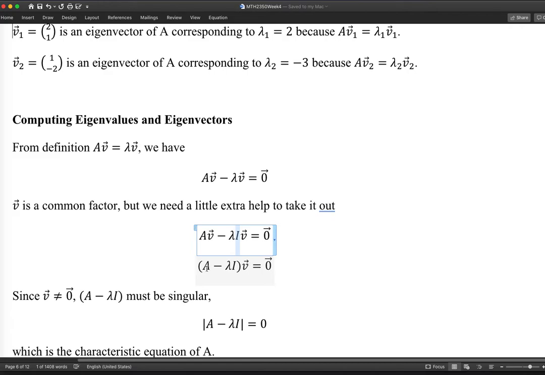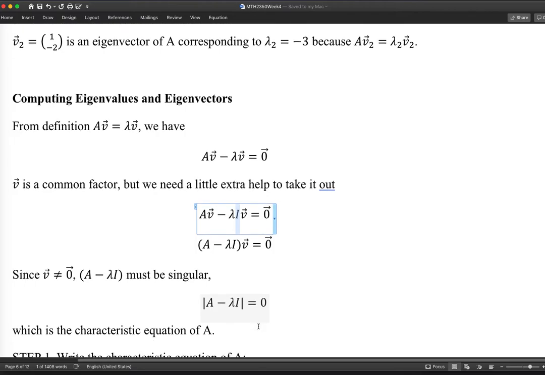Otherwise, if the determinant is not zero, which means the matrix is invertible, then v has to be zero. Because of the requirement that v cannot be zero, we reach the conclusion that the determinant of this coefficient matrix must be zero.